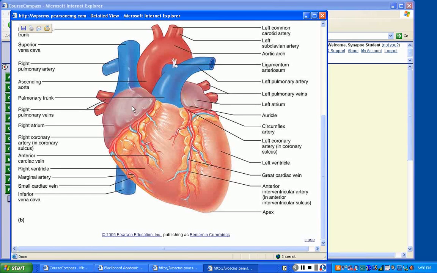Arteries always carry blood which way? Away from the heart. So you need to think about this. Blood that is red is coming out of which chamber? Out of the ventricle. So, look here.